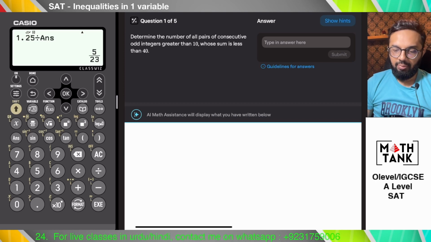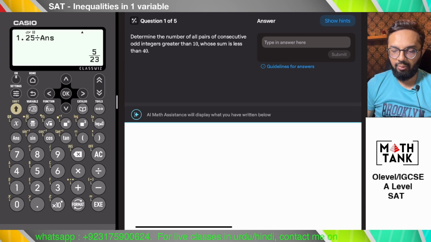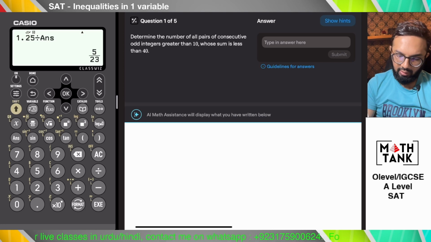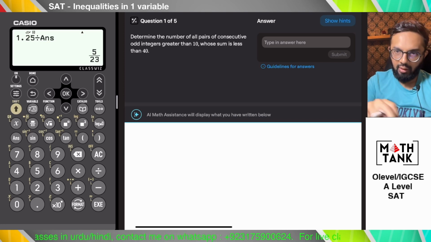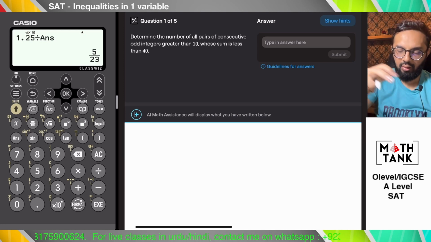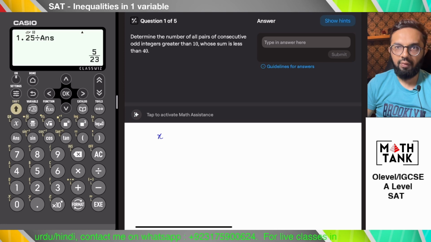Okay, determine the number of all pairs of consecutive odd integers greater than 10 whose sum is less than 40. So I'm going to write pairs of consecutive odd integers.